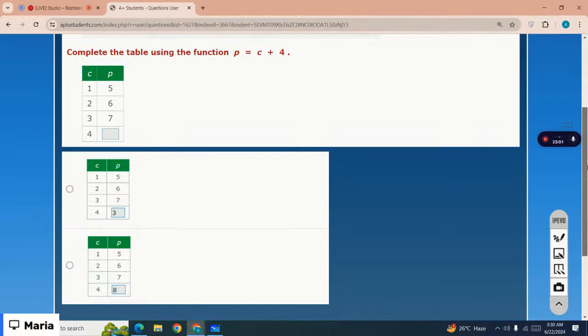The correct option is 4 plus 4 is 8. So option number 2 is the correct option, right?